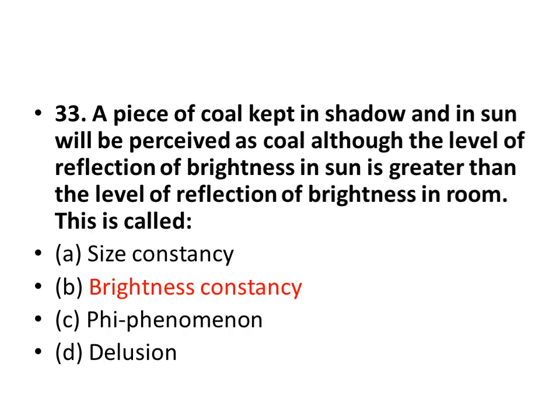A piece of coal kept in the shadow and in the sun will be perceived as coal although the level of reflection of brightness in the sun is greater than the level of reflection of brightness in the room.